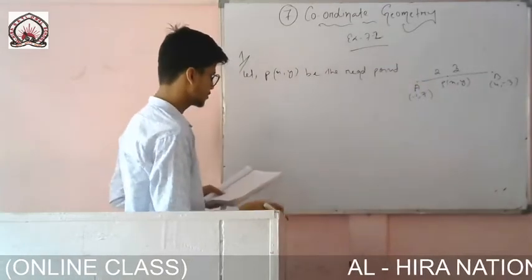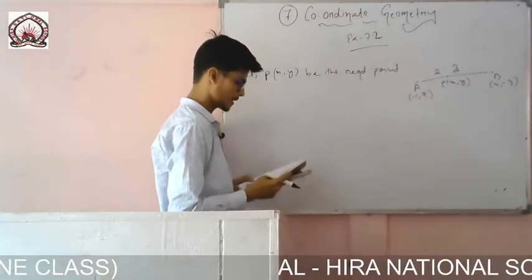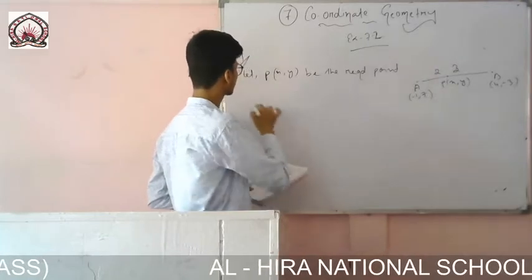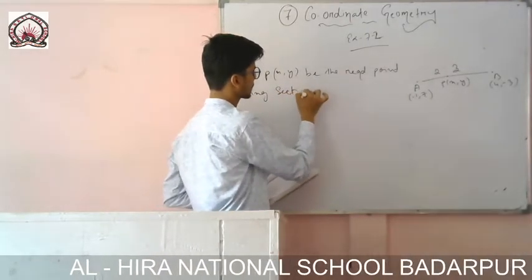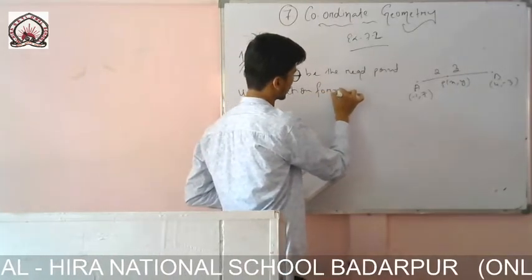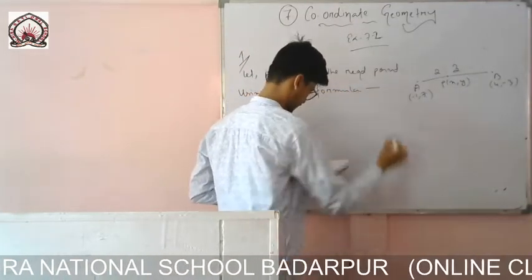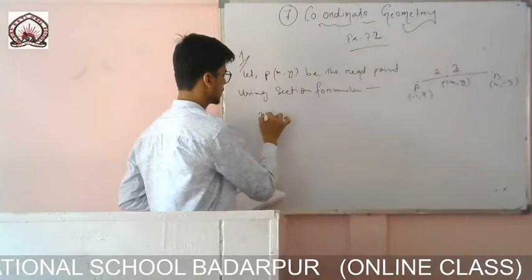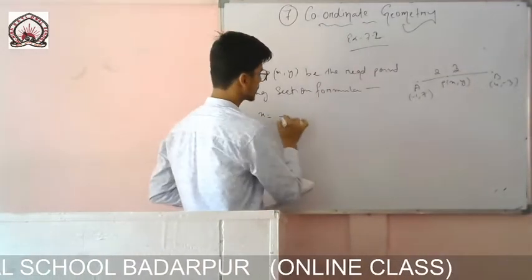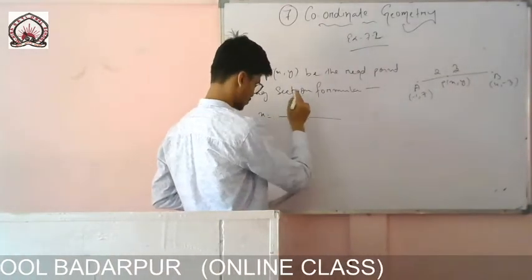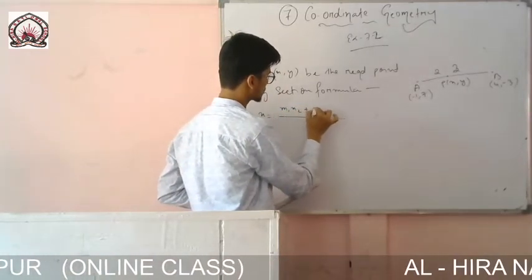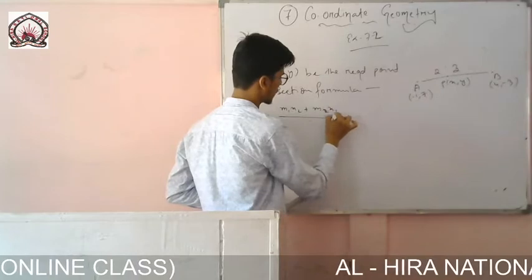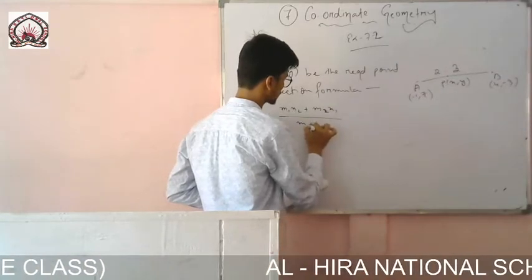Now we'll use the section formula to find the values. So the x coordinate we have to find. What is the formula for the x coordinate? It is (m1 x2 plus m2 x1) divided by (m1 plus m2).